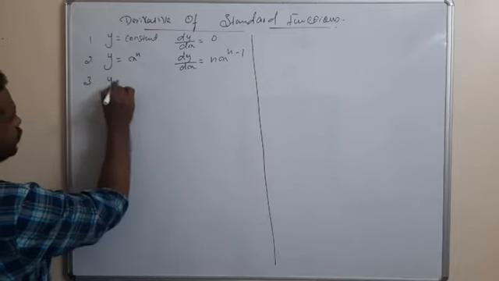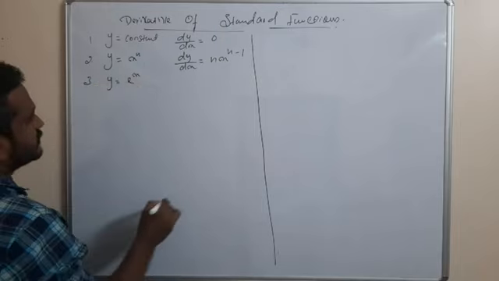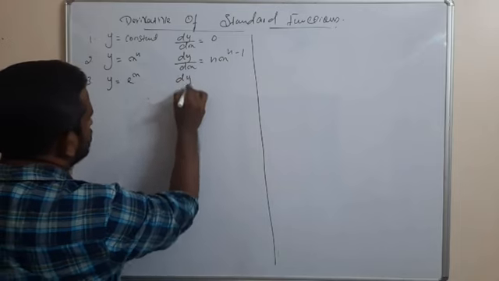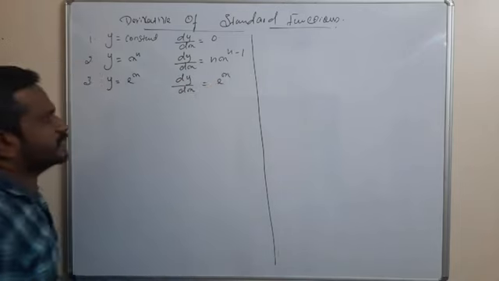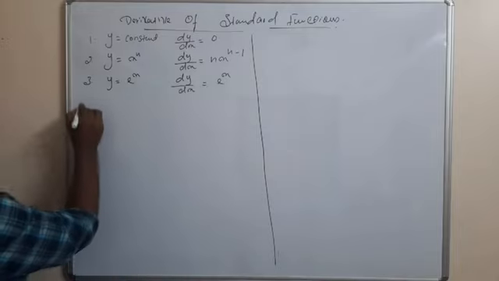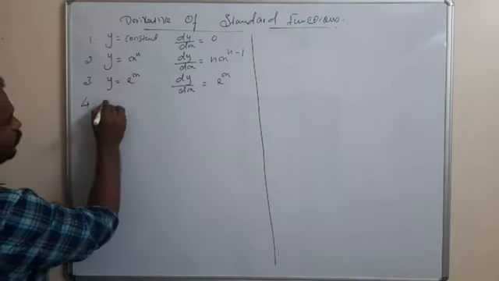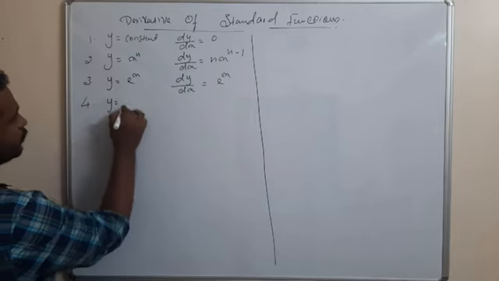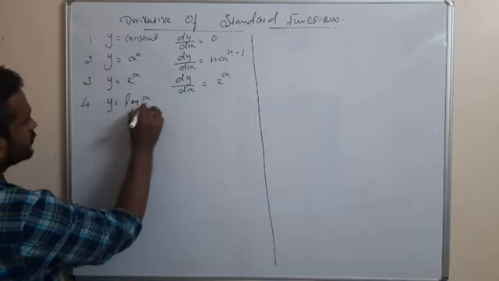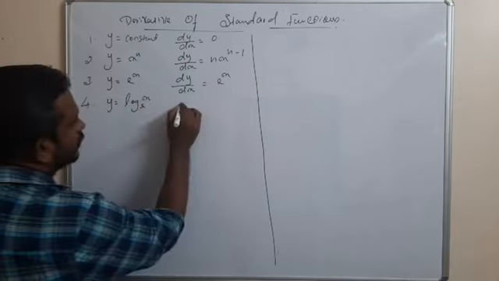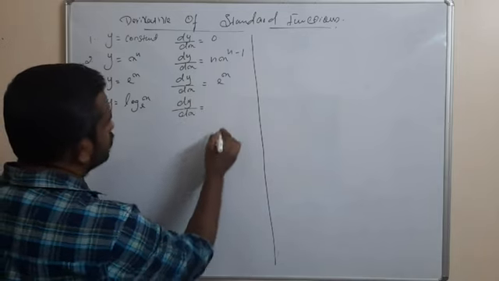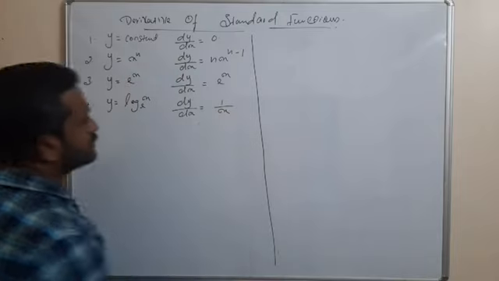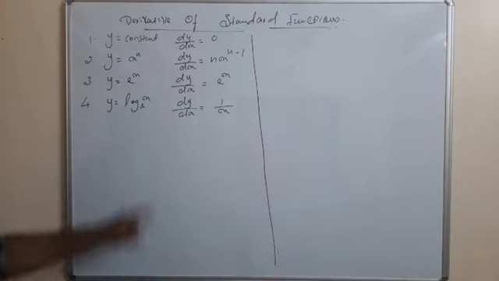Third, y is equal to e power x. dy by dx is equal to the same e power x. Fourth one, y is equal to log x. dy by dx equal to 1 by x. The differentiation of log x is 1 by x.